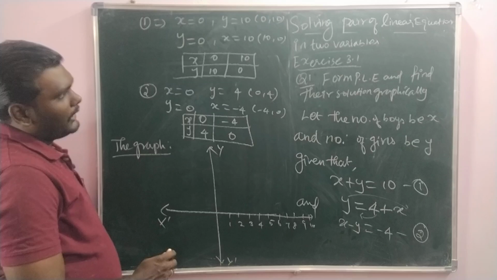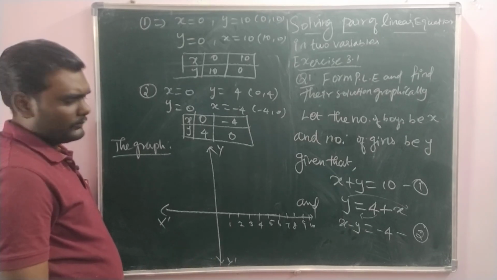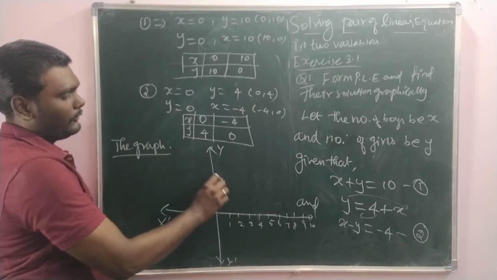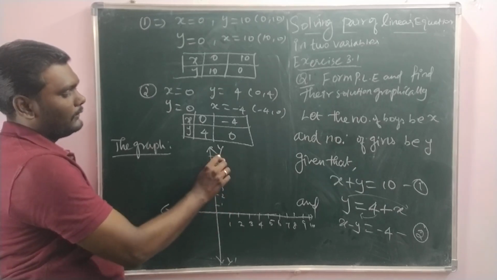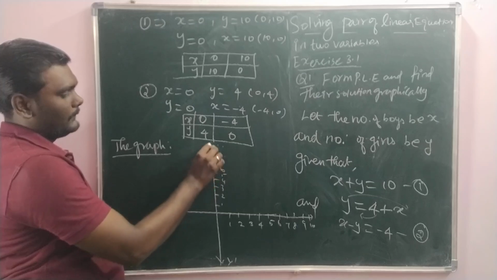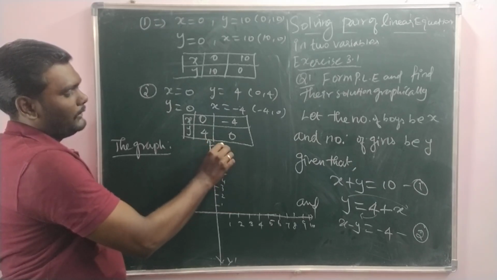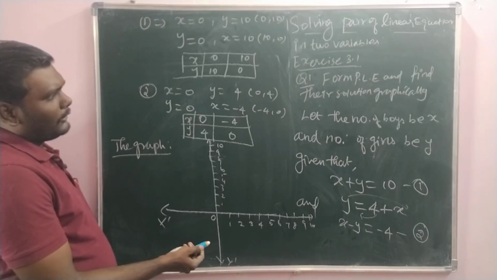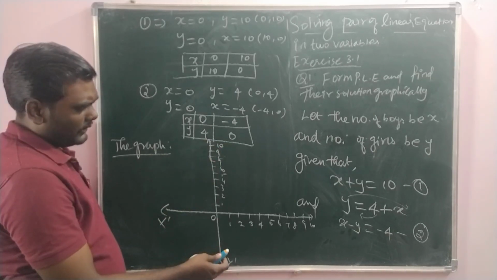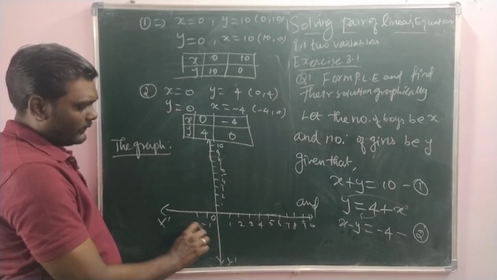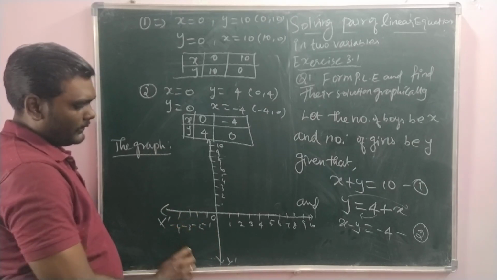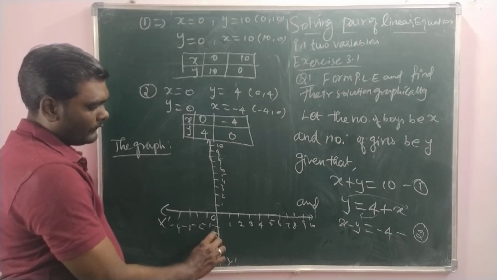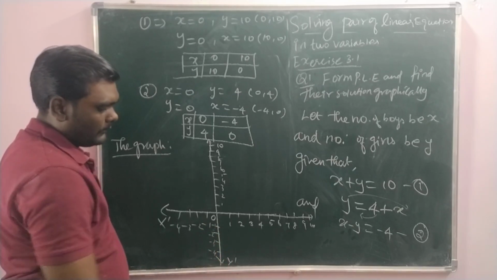Negative 10, do we need? Not anymore. Y axis also up to 10 we need. 1, 2, 3, 4, 5, 6, 7, 8, 9, 10. Origin marked as 0, and then negative numbers only up to 4 on the x axis. So minus 1, minus 2, minus 3, minus 4. Y axis also minus 1, minus 2, minus 3, minus 4.